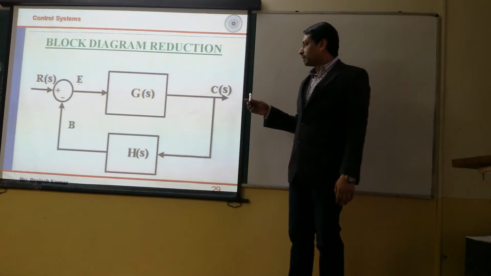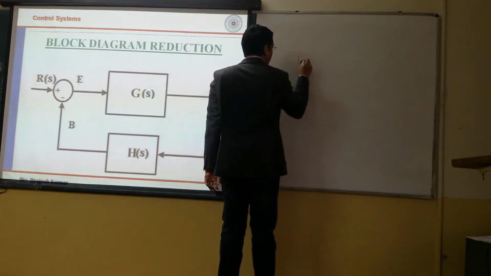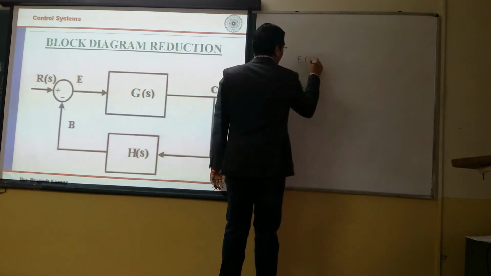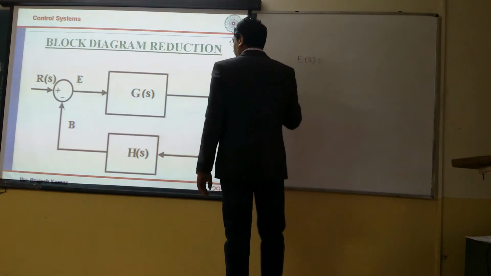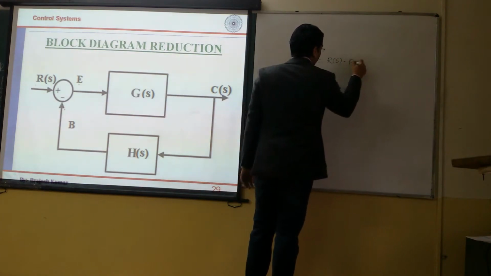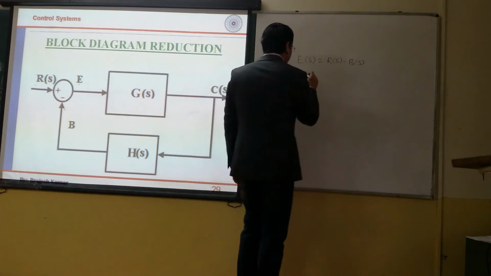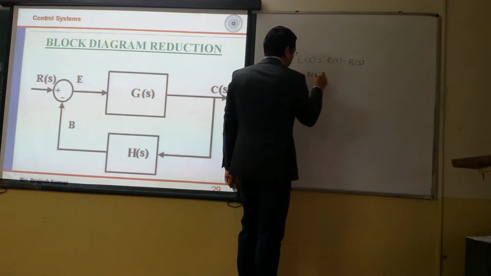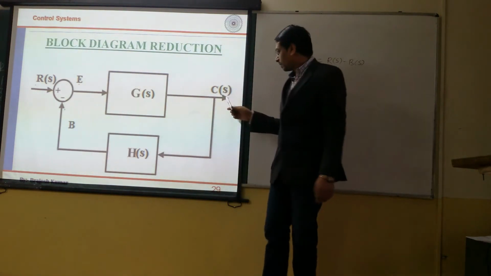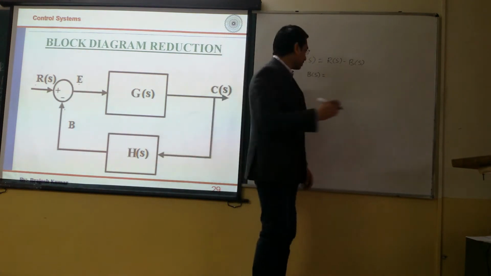Error E(s) will be equal to R(s) minus B(s). And B(s) itself will be equal to C(s) multiplied by H(s).